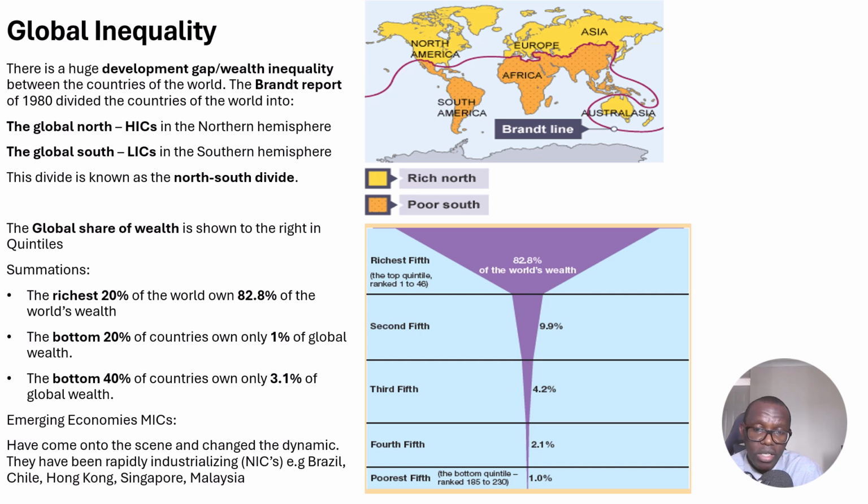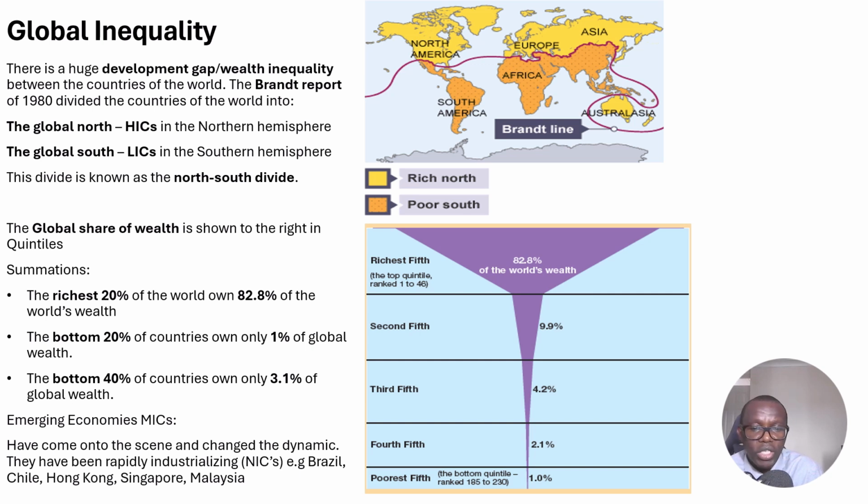And so you can see that the line goes all the way this way, dividing the countries into the northern and southern hemisphere. But when it comes to Australia, it then picks up Australia here at the bottom and puts it in the northern category. So locationally, Australia is in the south, but is considered to be in the global north.